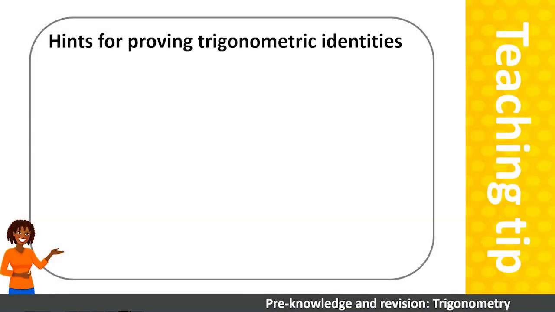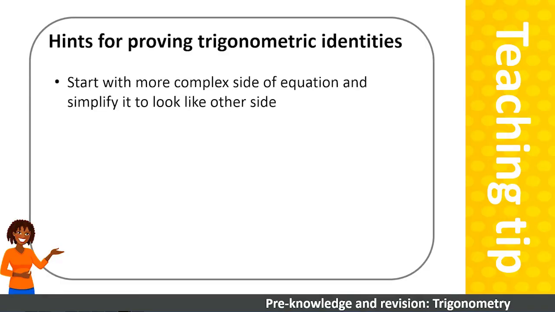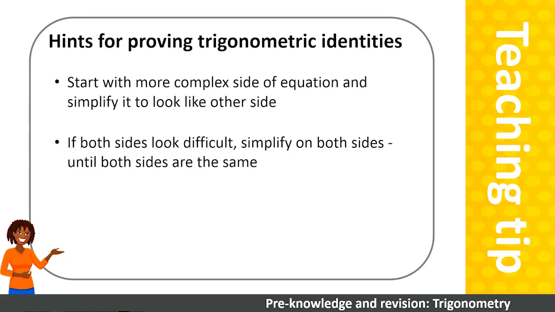Here are a few more tips and a general approach for proving identities. Start with the more complex side of the equation and simplify it to look like the other side. If both sides are equally complex, try to simplify both sides. It often helps to write tan theta as the quotient of sine and cos.